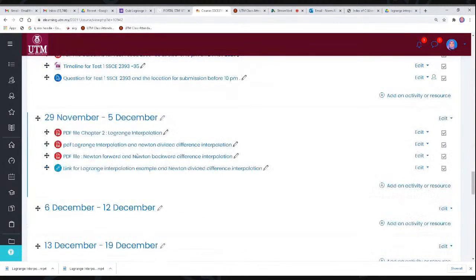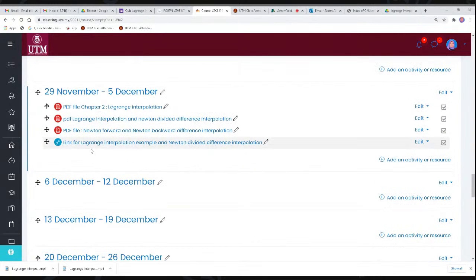For today, I send you notes on the Newton forward and Newton backward difference interpolation polynomial in a PDF file. I also inserted the link for my previous class on the Newton divided difference interpolation.